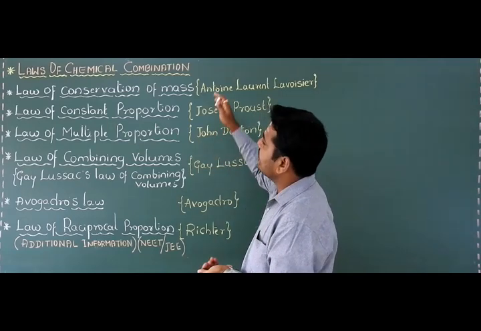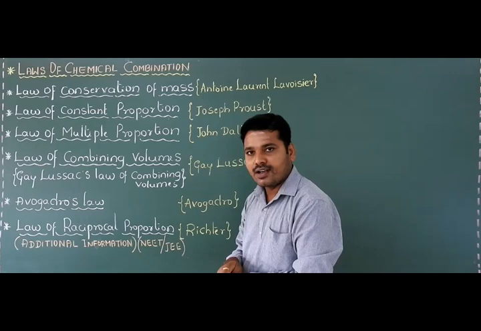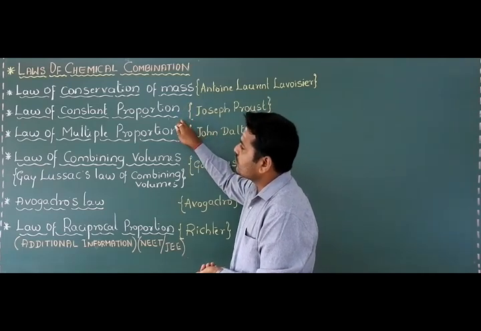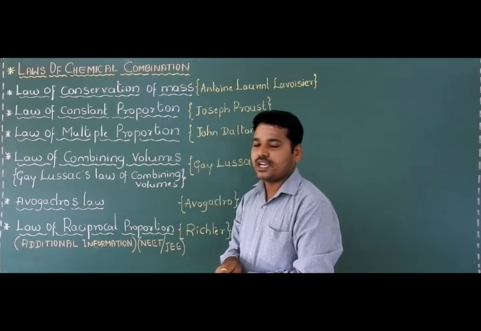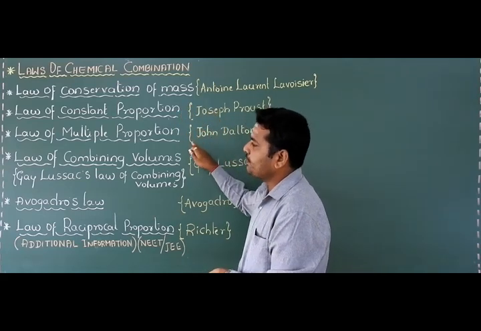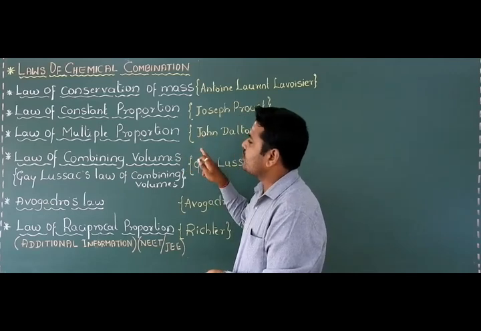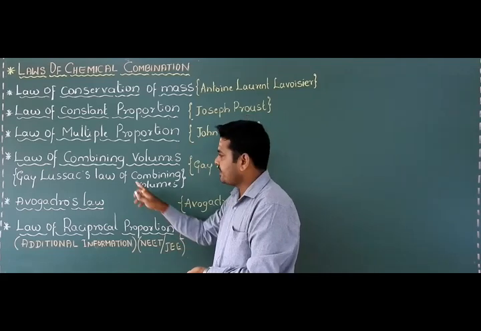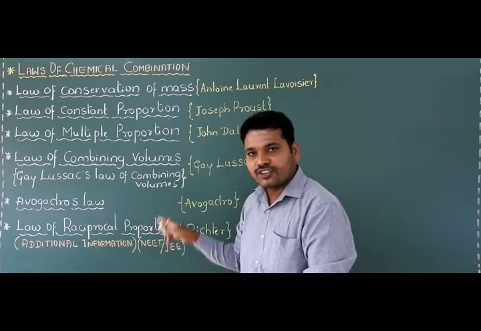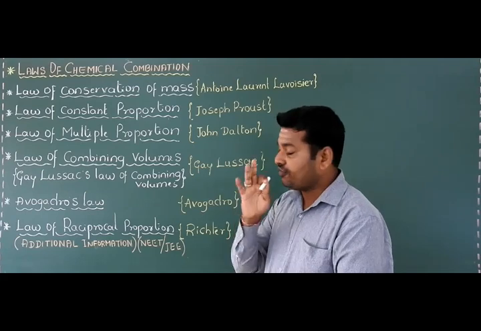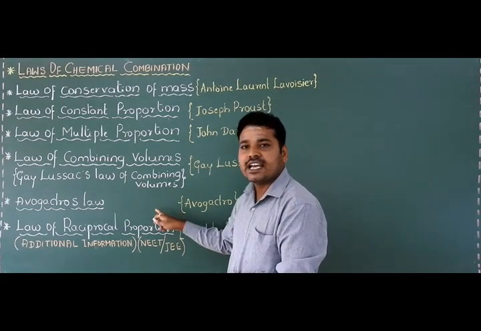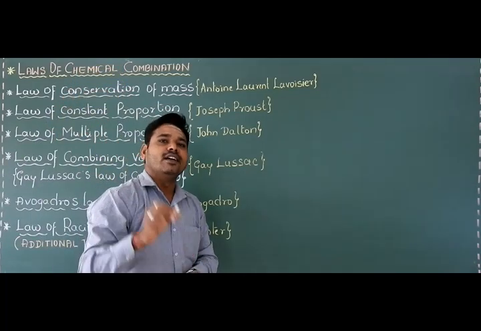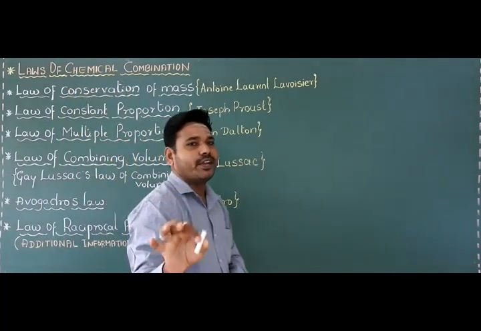The first one is the law of conservation of mass, the second is the law of constant proportion, or the law of definite proportion, the third is the law of multiple proportion, the fourth is the law of combining volumes, also called Gay-Lussac's law of combining volumes, and the fifth is Avogadro's law. All these laws come under the laws of chemical combination, students.